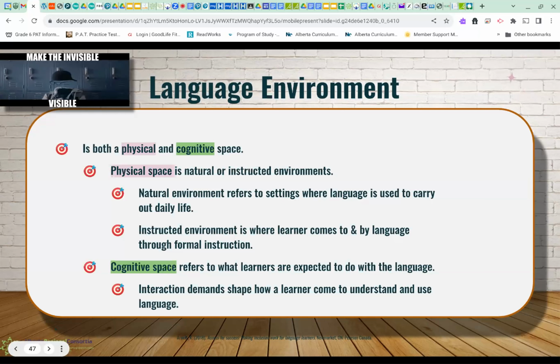Also, giving little pieces of instruction, whether looking at how words change because of the affixes we're using, or sentence frames so they can use comparative or evaluative language, whatever it may be, and creating that cognitive space so that students know what to do with the language.